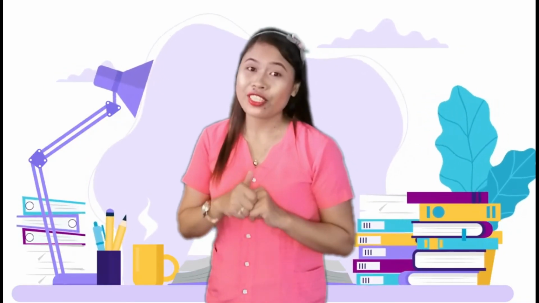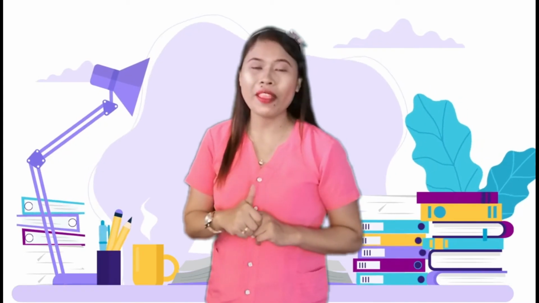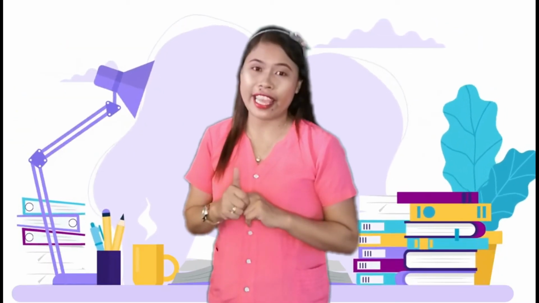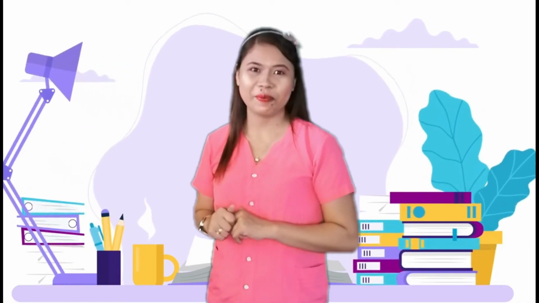Kids, you're doing great so far. I'm sure you'll do great in the next activity. I want you to get your modules and open them to page 6. You have to identify the inverted sentences. Select the letter of your choice and write it in your notebook.